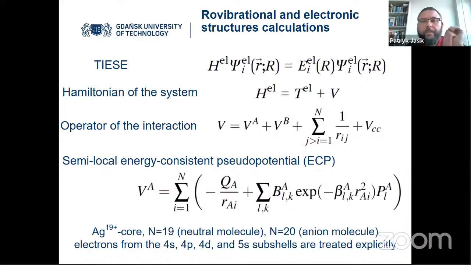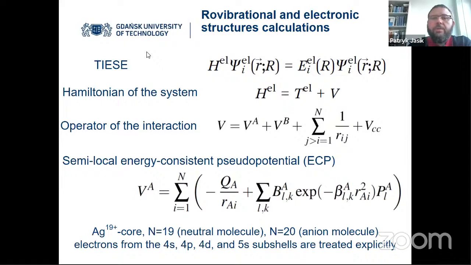Let me introduce our method, which allows us to calculate the vibrational and electronic structure of the anion dimer and neutral silver dimer. It is a rather standard method.